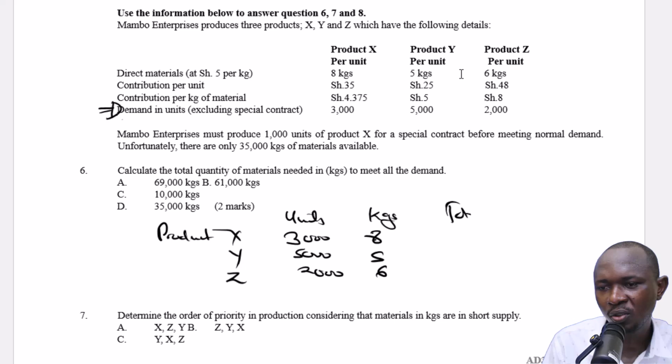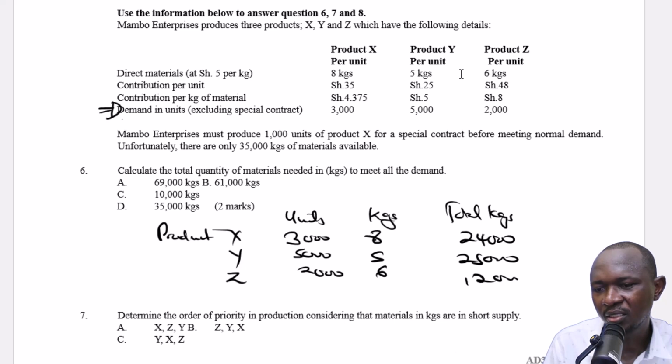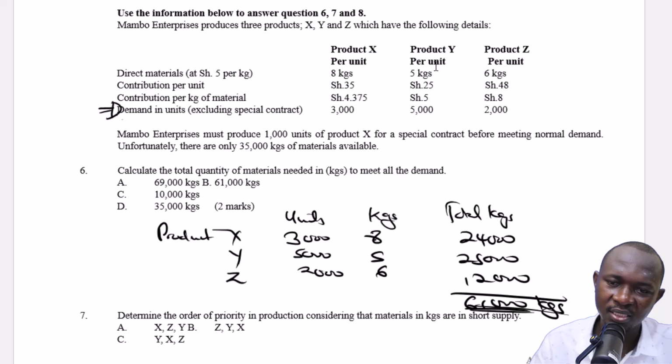So if we require 3,000 units and each unit has 8 kgs, how many kgs are we talking about? This is 24,000, this is 25,000, and this is 12,000. If you add, 49 plus 12, that is 61,000. So that will be our answer, 61,000 kgs.